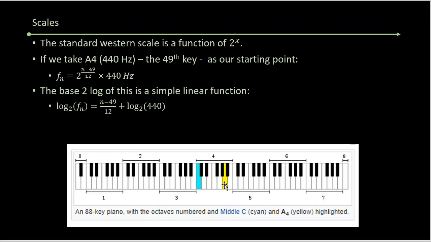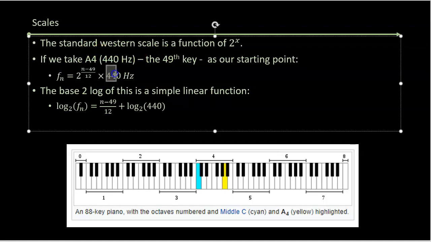And so if you wanted to calculate the frequency for any key, it's this formula right here. And if you want to calculate what it would have been on an old keyboard where A4 wasn't 440 hertz but some other frequency, you just change that number right there, and you've rescaled the whole keyboard.